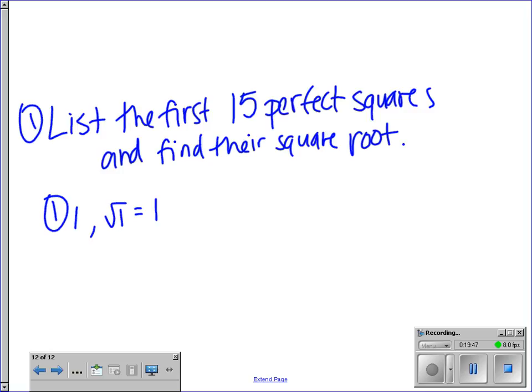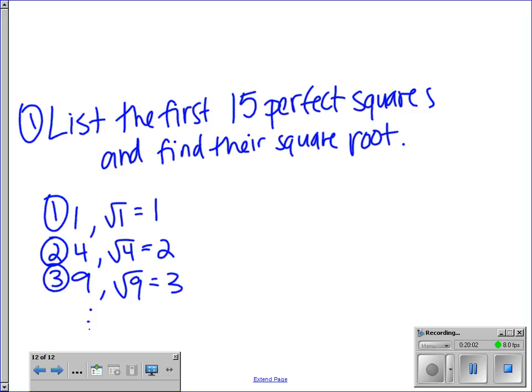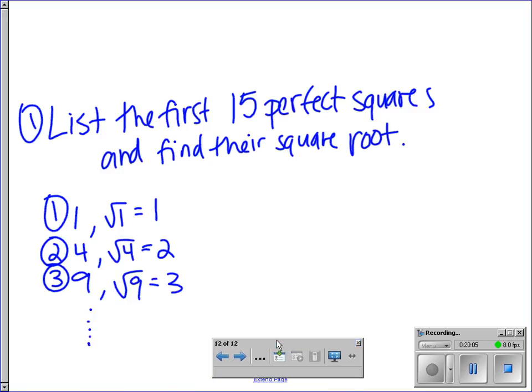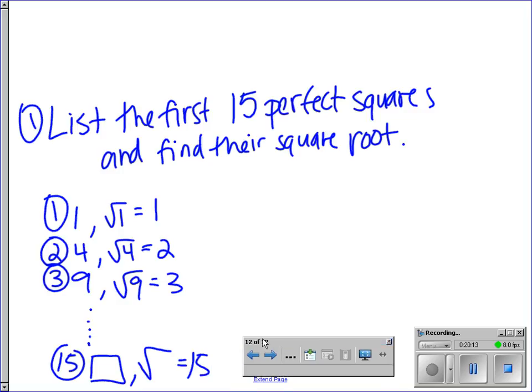Square root of 1 is 1. What's the second perfect square? 4. The square root of 4 is 2. The third perfect square is 9. Square root of 9 is 3. So I want the 15th perfect square, and the square root of that is going to be 15.